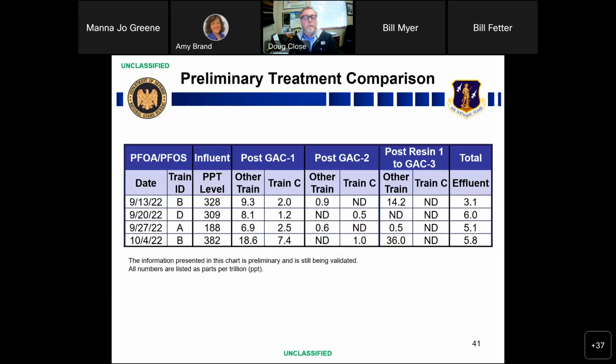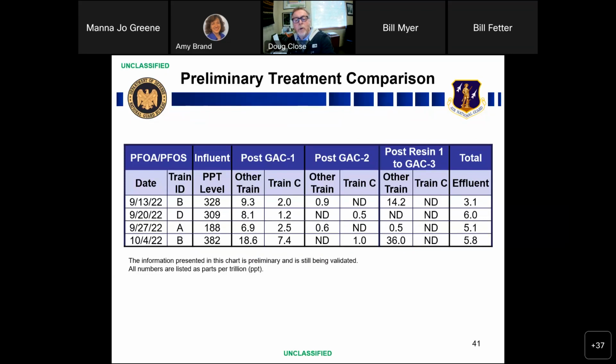If you take a look at the center where it says post-GAC 1, those are our trains B, D, and A. And then compared next to it is train C with the all carbon. And then we move down to post-GAC 2, which is your second vessel in line. And you move down to the third vessel in line, which is either your post-resin or GAC 3.